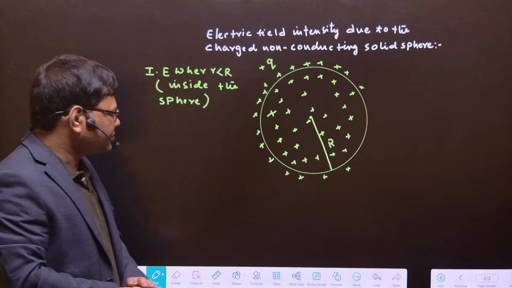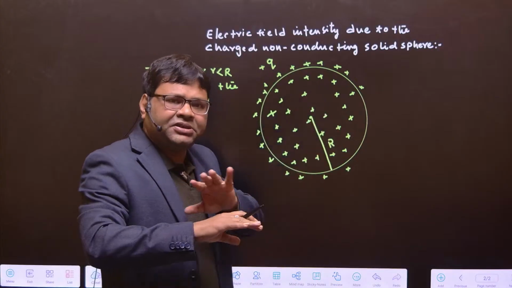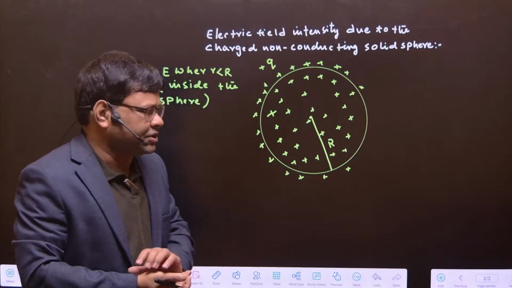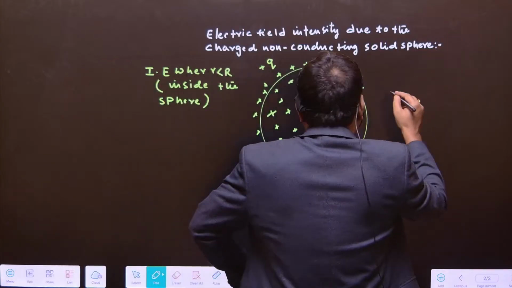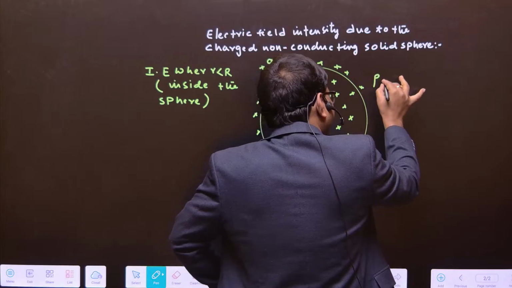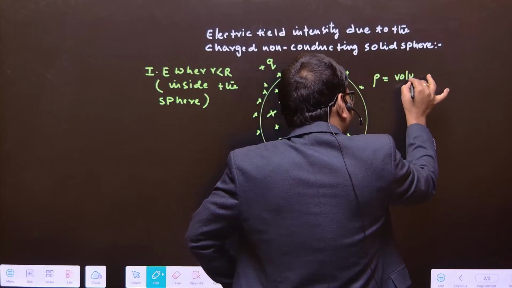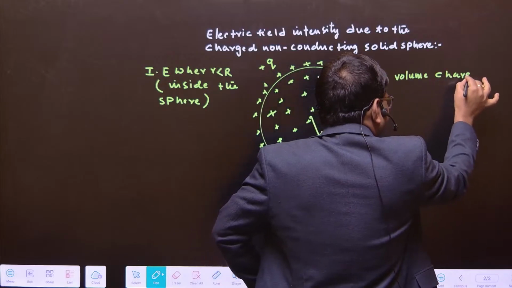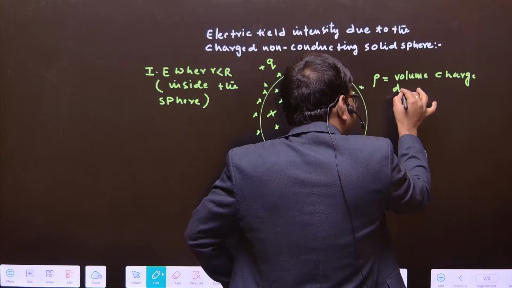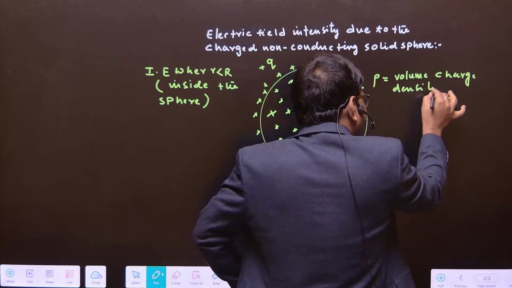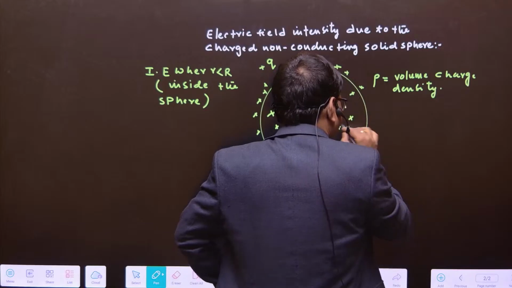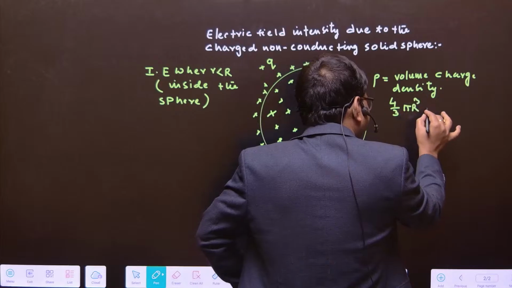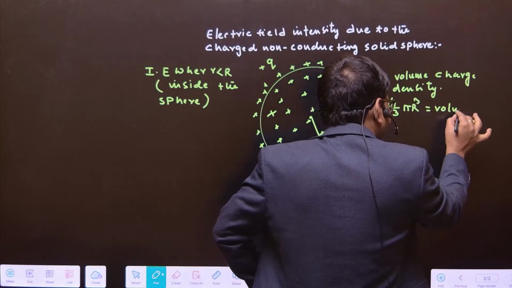But for the solid sphere, the charge remains at every point, so here we have to consider the volume charge density. All of you write with me, rho is equal to the volume charge density. Volume charge density means charge per unit volume. Here the volume is 4 by 3 pi R cube, the volume of the solid sphere.